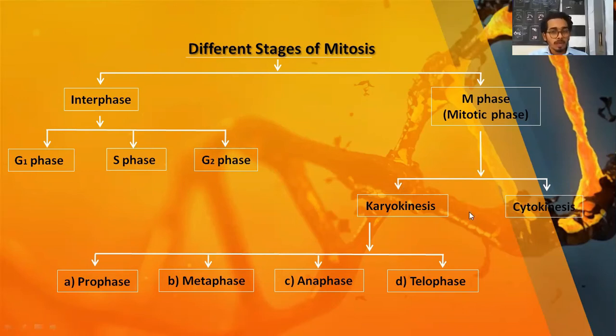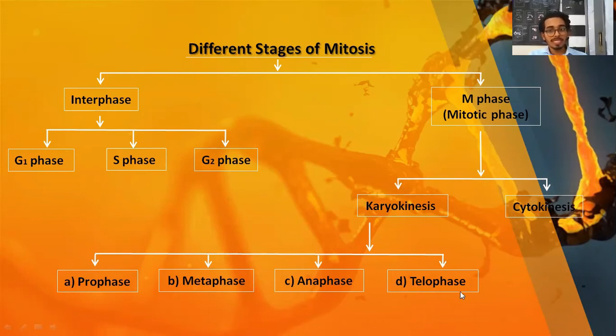First, the karyokinesis has to get over, and to do that, it has four substages: prophase, metaphase, anaphase, and telophase.